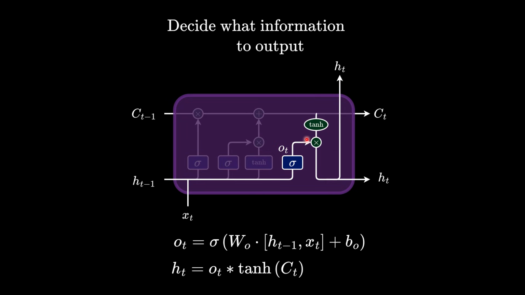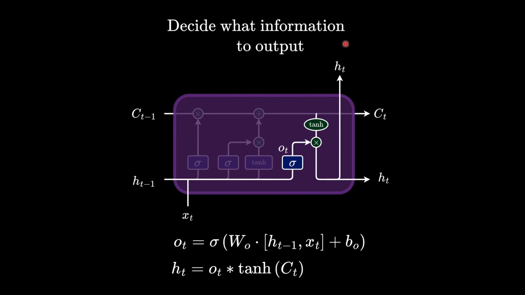Then we take the cell state here and pass it through a tanh, and this is actually element-wise tanh. Why? Because we want to squash it between -1 and +1 before exposing it. Then we multiply the tanh of the cell state by the output gate value. This produces the new hidden state ht, and that hidden state moves to the next time step and it is also being output.